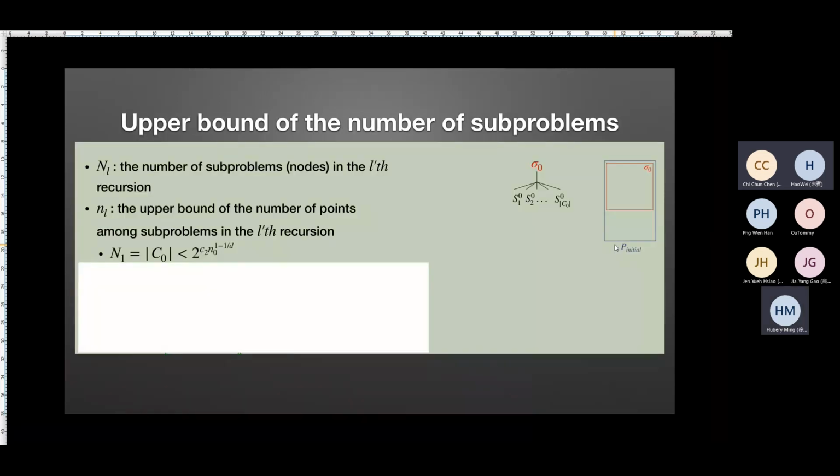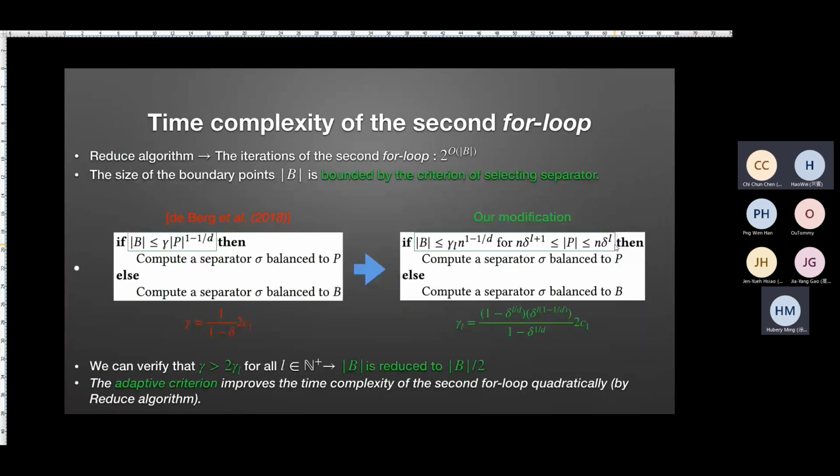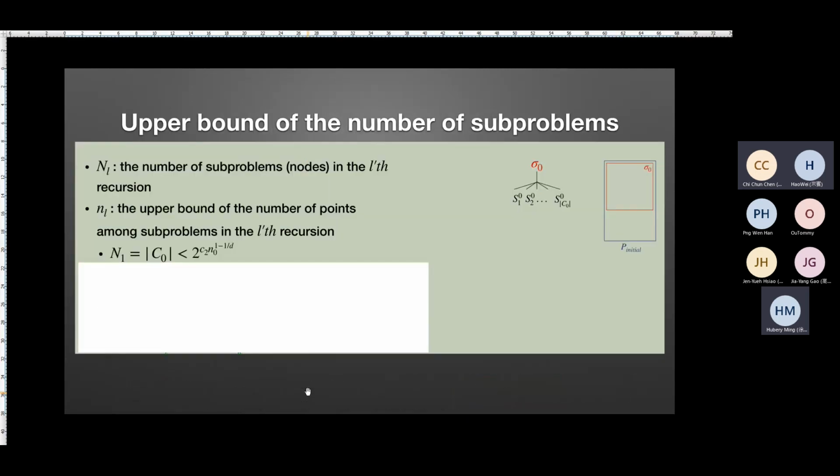So let's discuss the second thing we would like to bound. We would like to bound the number of nodes. First we use a separator to create multiple subproblems, and the number of subproblems is actually determined by the number of connecting configurations, and the number of connecting configurations is bounded by the separator theory, as we have discussed.